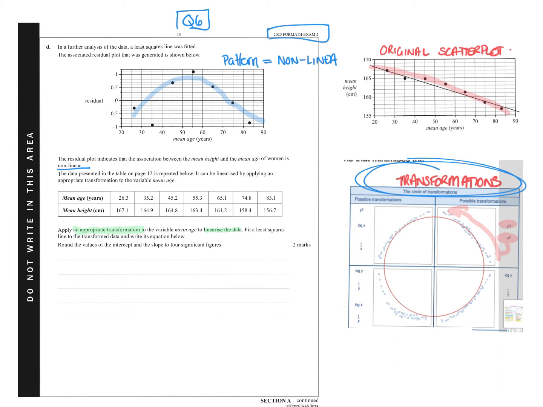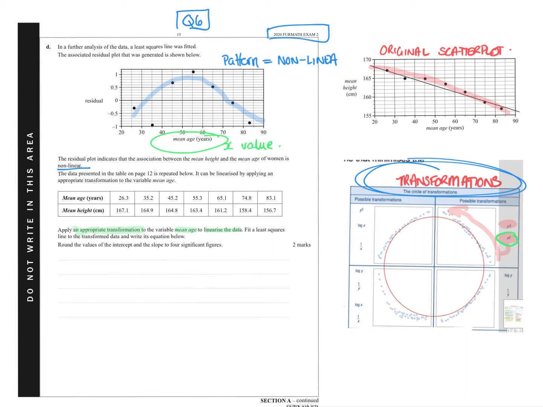Now they did tell you to linearize an appropriate transformation for the mean age. So if you look up here, mean age is actually the x value. So for an appropriate transformation, you can see you only have one option there, and that would be x squared, because they're telling you to do a transformation on the x.